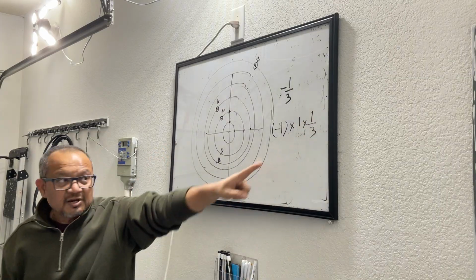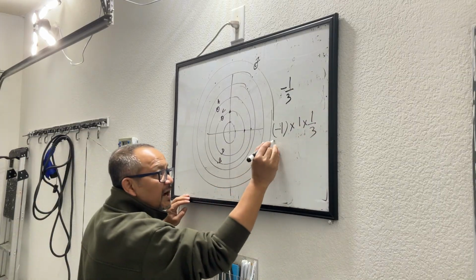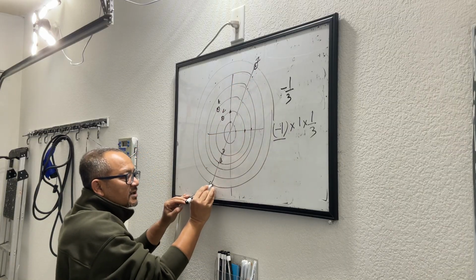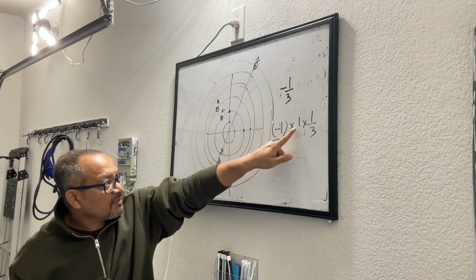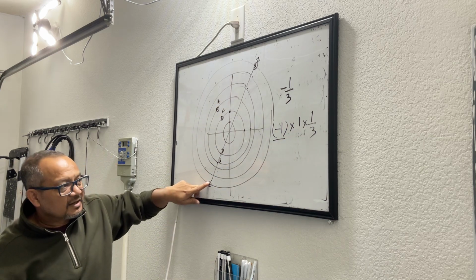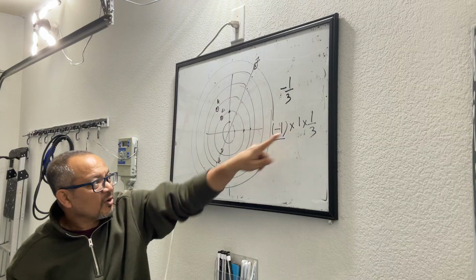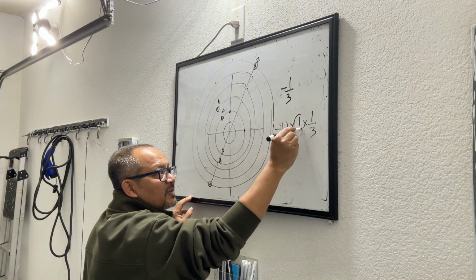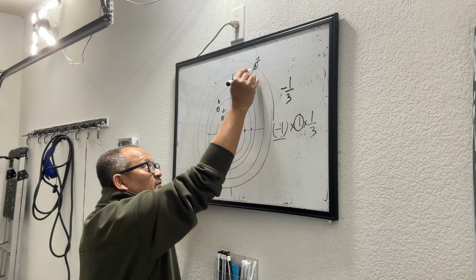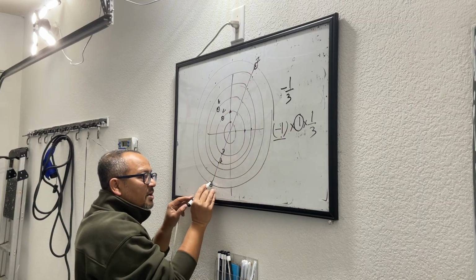You can break this into 3 pieces: minus 1 times 1 times 1 by 3. When you say minus 1, this simply flips over. Now you are multiplying by 1, so you come to the same point. And then you are multiplying by minus 1, which just flips over by the same magnitude in the opposite direction.